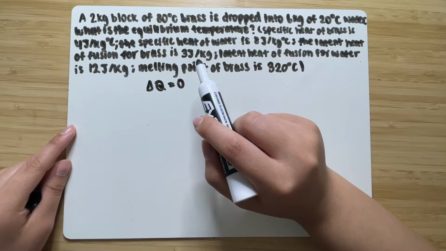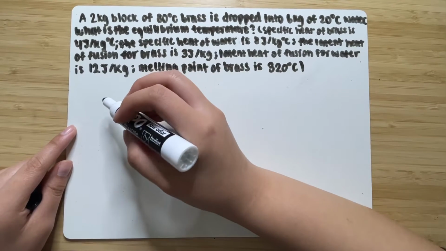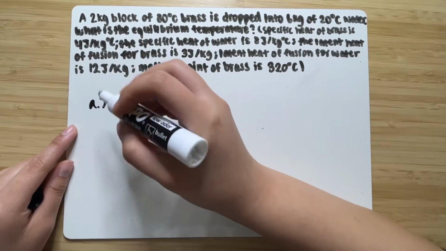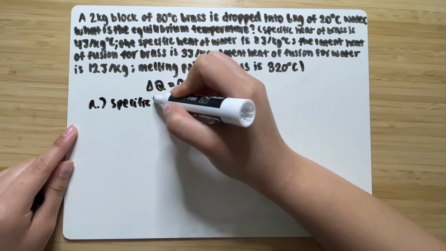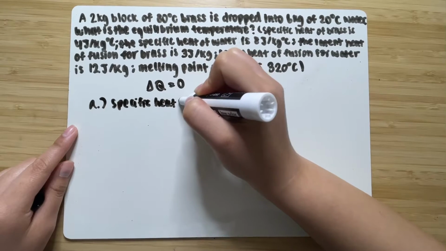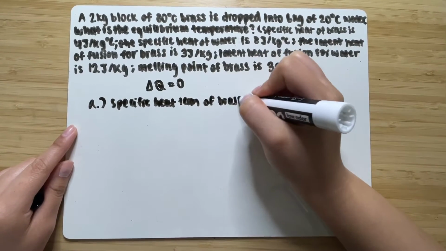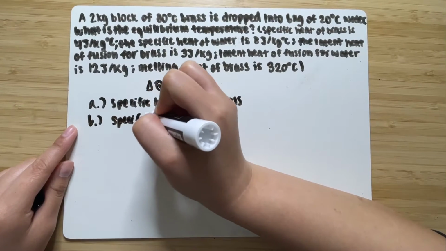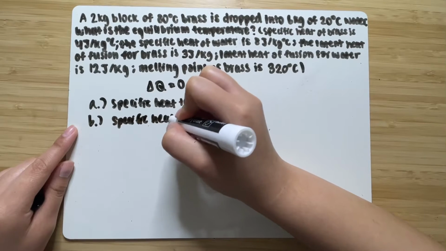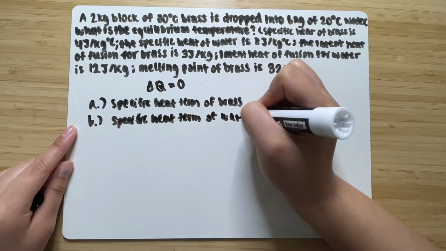Therefore, we have only two terms we need to know, which is the specific heat term of brass and the specific heat term of water.